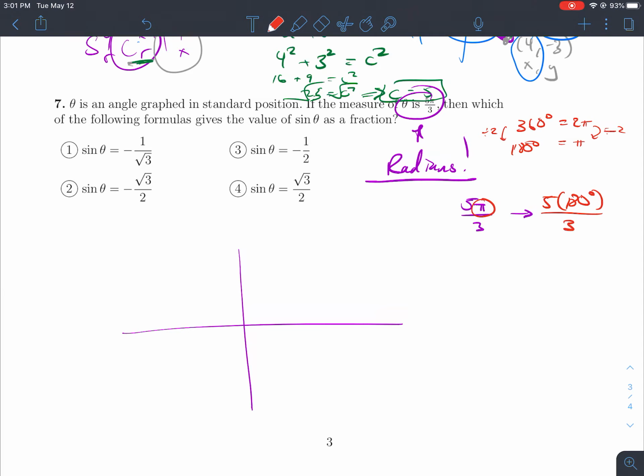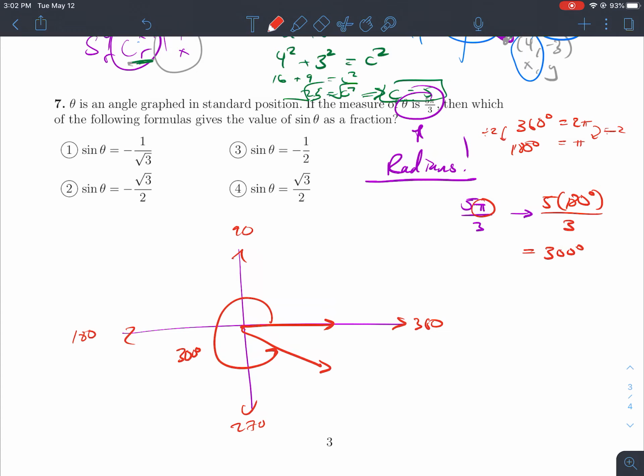Doing the calculations here, you can plug it all in Desmos, or you can just do it, and you get 300 degrees. Graphing that angle starts here. 300 degrees is going to be between 270 and 360, thinking about our key values.